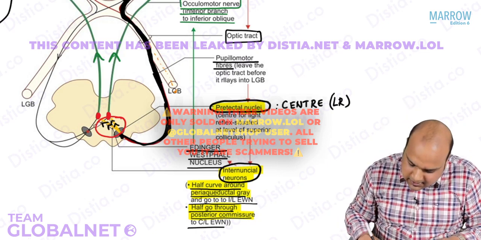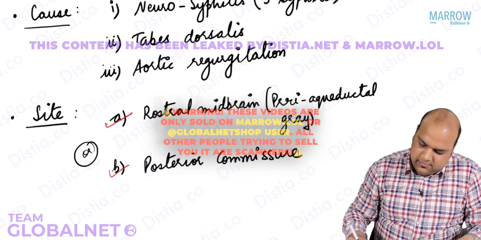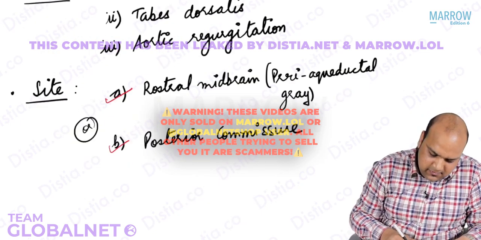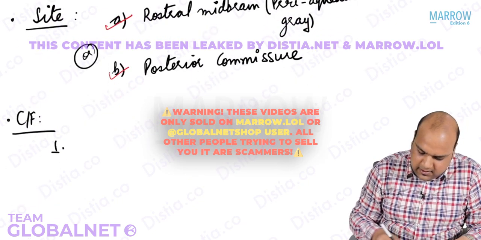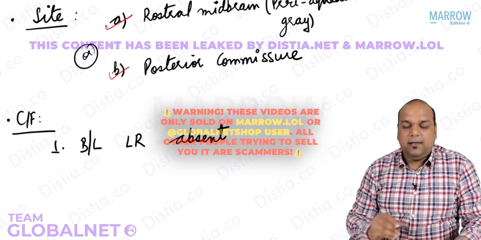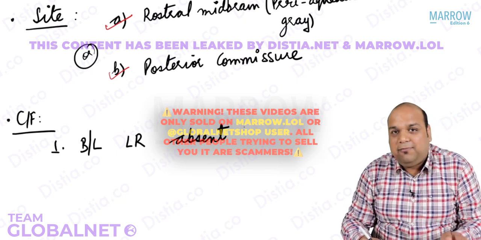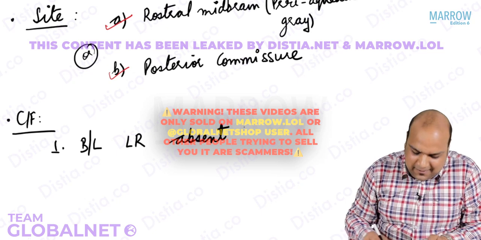Meaning what, everybody? Meaning, if I can say so, clinical feature number one: bilateral light reflex is absent. There is no light reflex whether you throw light on the left eye or on the right eye.